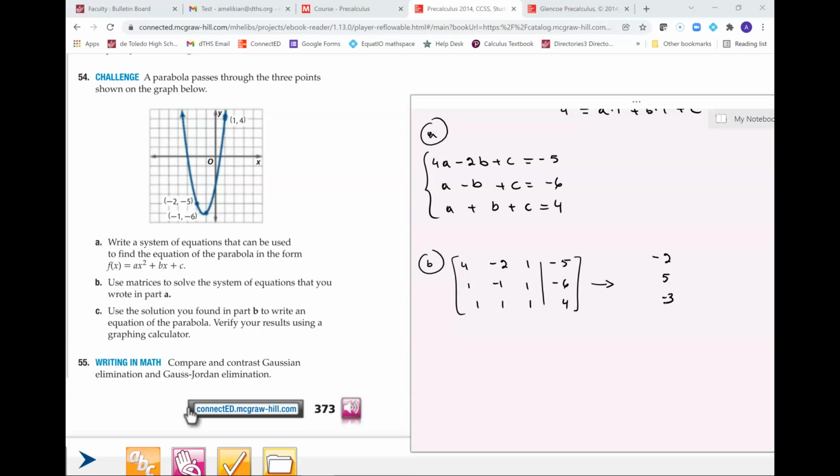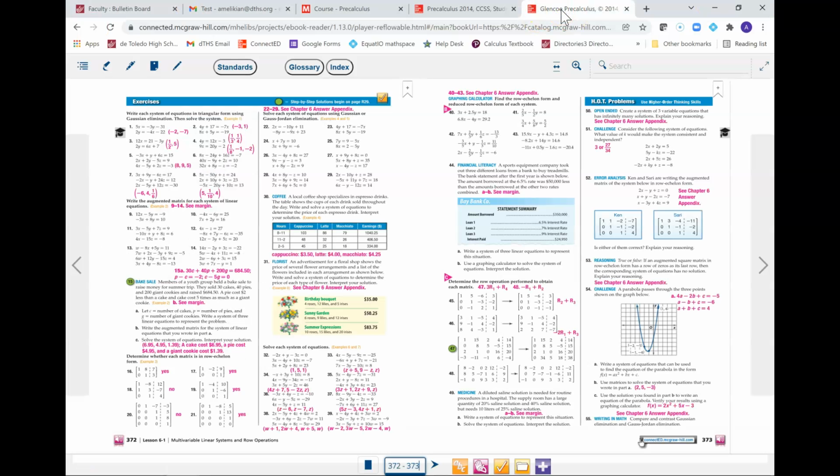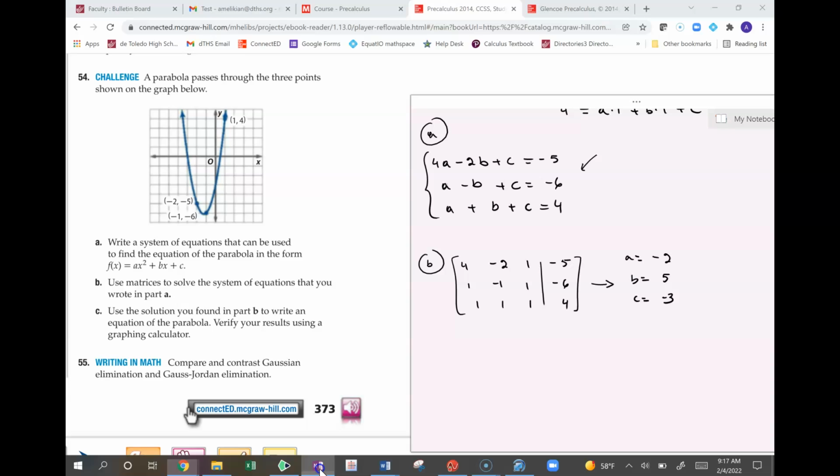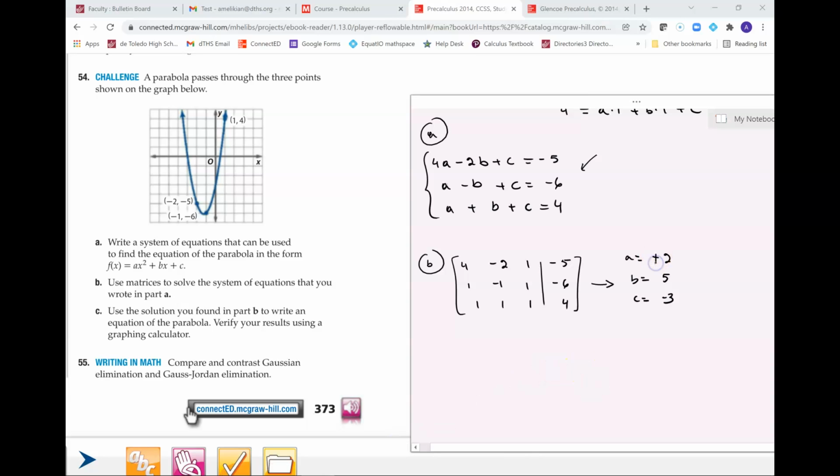However, what are the variables in your equations here? They're not x, y, z, they're technically a, b, c, right? So let's label those like that, a, b, and c. Now, 2, 5, -3. Yeah, it's 2, 5, and -3.